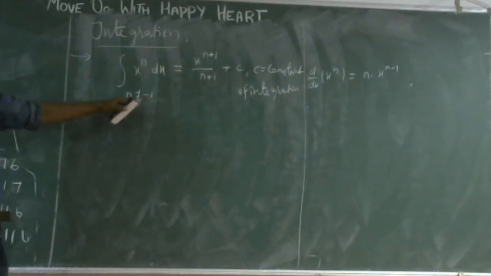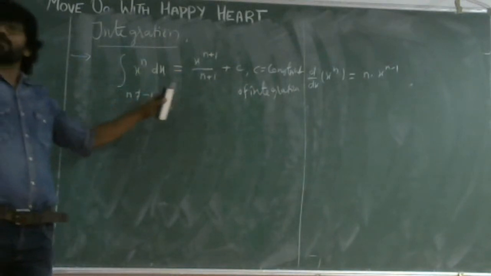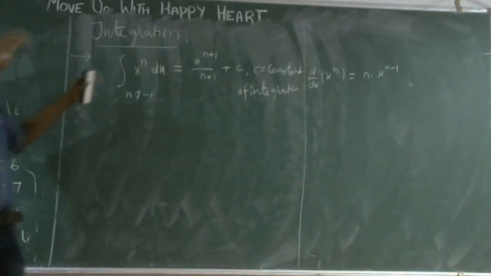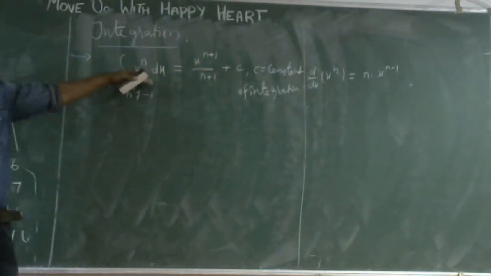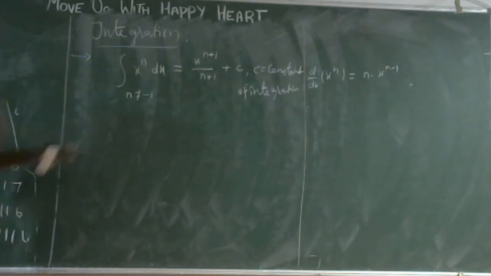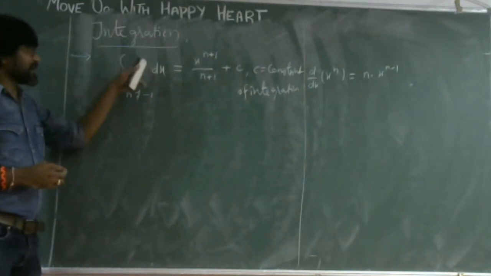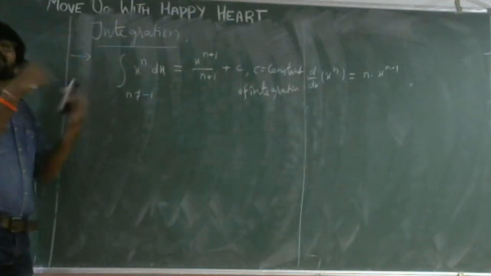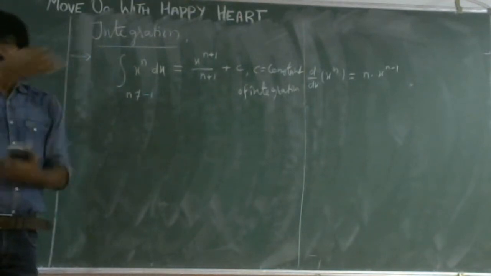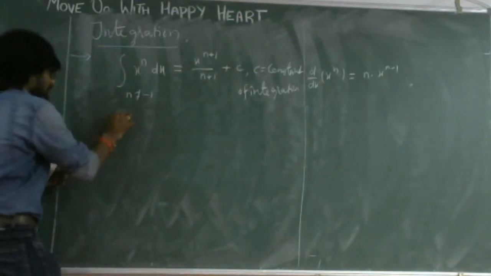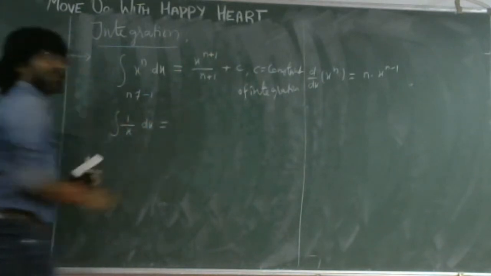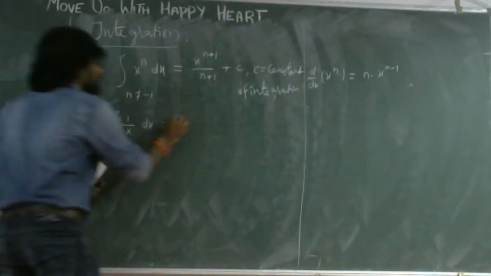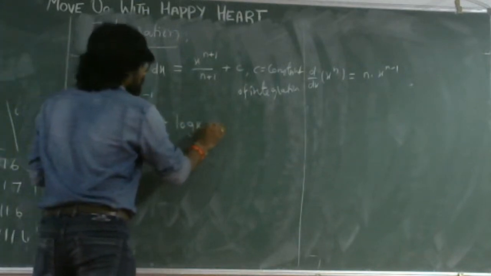For any other values, n equal to minus 2, minus 3, minus 4, and so on, it is applicable. Because if n is minus 1, x power minus 1 can be expressed as 1 by x, and the integral of 1 by x dx is given as log x plus c.